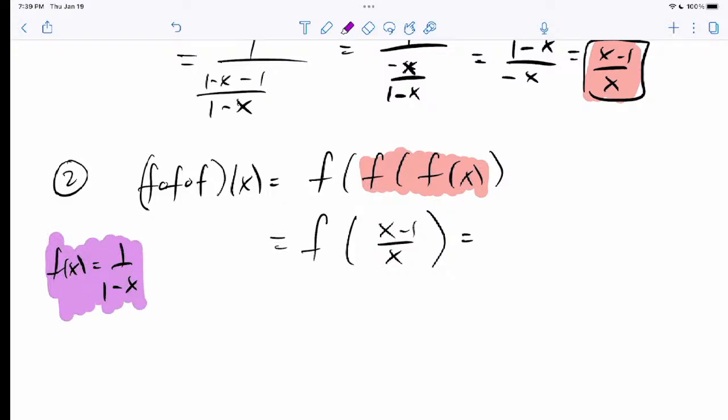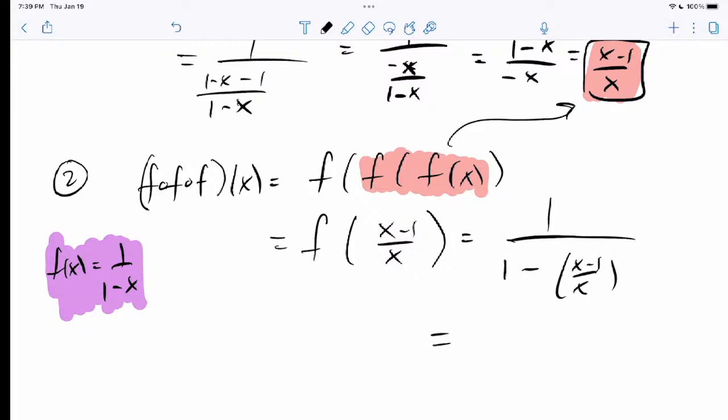So now everywhere I see an x, I change it to 1 over 1 minus x over... Now I can go ahead and get a common denominator for this one. You just get x back.